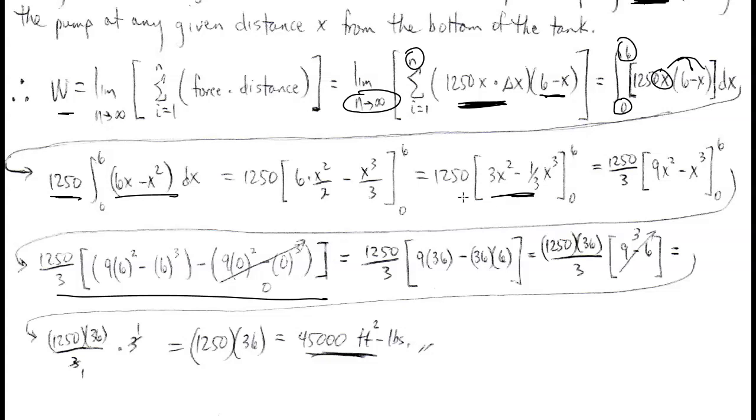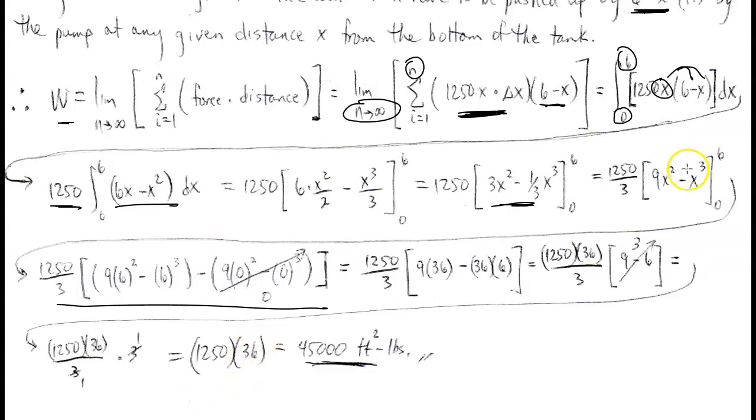Okay. And so that would be the actual work that we would need to get the water out. All right, and so actually that should just be foot-pounds, not square foot-pounds. I don't know where I got the 2 from, but that's because this first term here is just pounds, and this is feet.